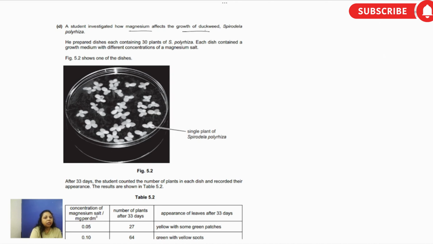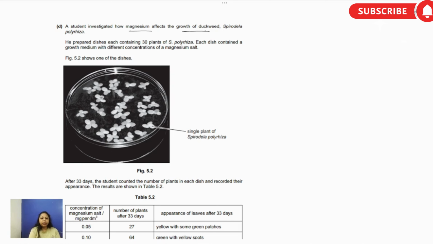Each dish contained a growth medium, which means all the nutrients are given with different concentrations of magnesium. Only magnesium is different. All other nutrients, like nitrate, potassium, calcium, and other mineral ions or salts are in the same concentration.